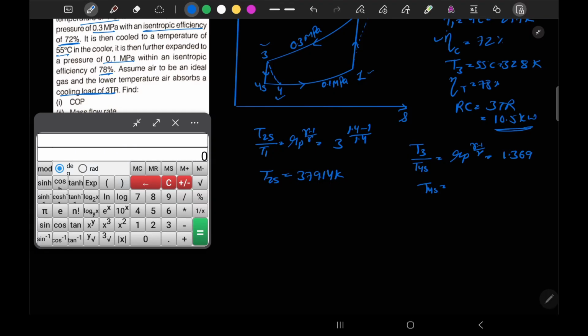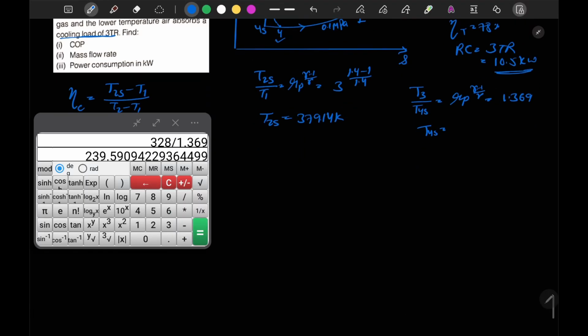Now if we divide, T3 is given as 328 divided by 1.369, we will get our value of T4s is equal to 239.6 Kelvin.